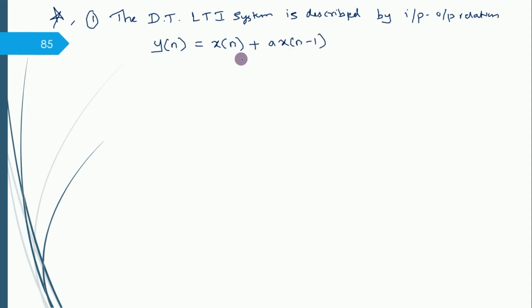This is the relation between input and output which defines the system. Now the question goes like this: find the causal inverse system.